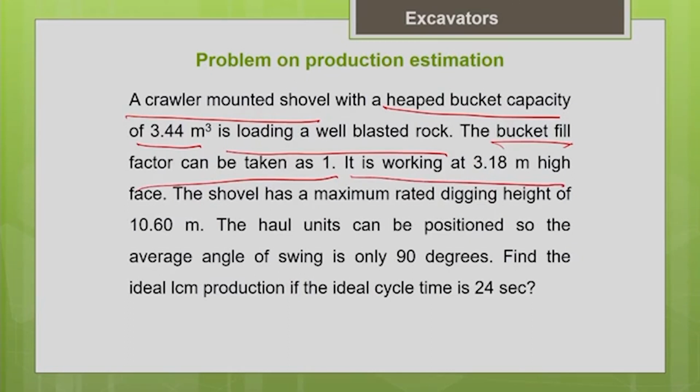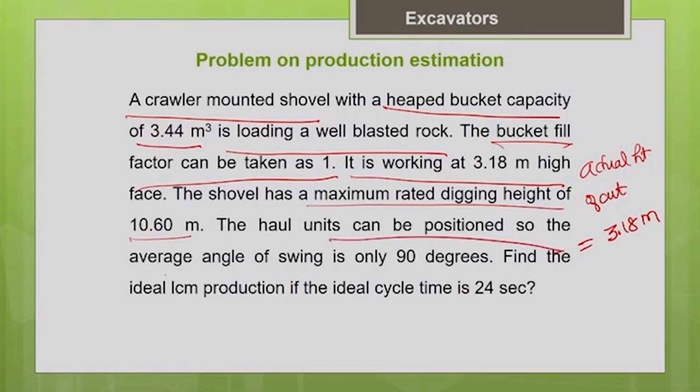So, that means the actual height of cut of material is 3.18 meter. The shovel has a maximum rated digging height of 10.6 meter. This is provided by the manufacturer. The whole unit can be positioned so that the average angle of swing is only 90 degree.